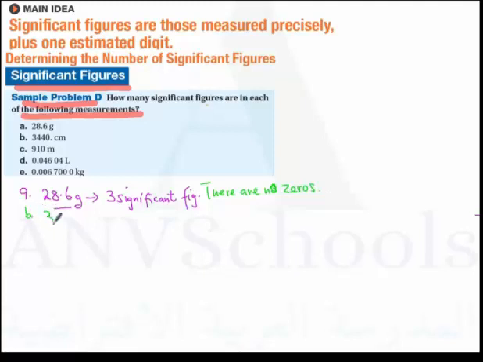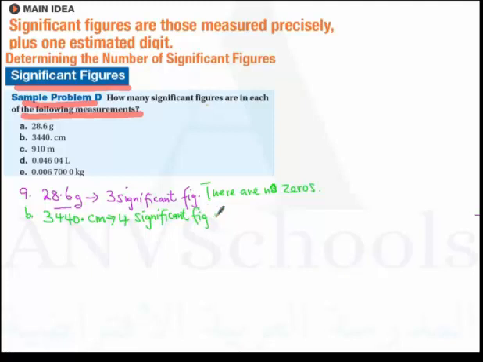Then B, 3440.3 meters. Because there is a decimal point after the zero, the zero is significant and the other digits are significant. So here we have four significant figures.